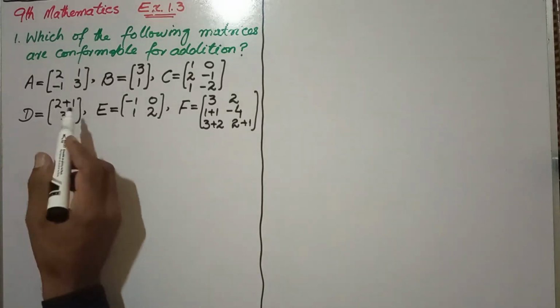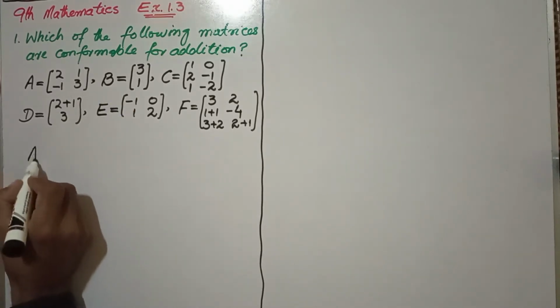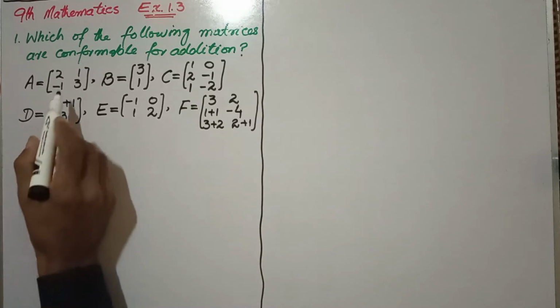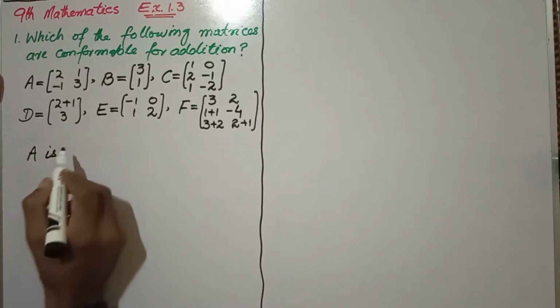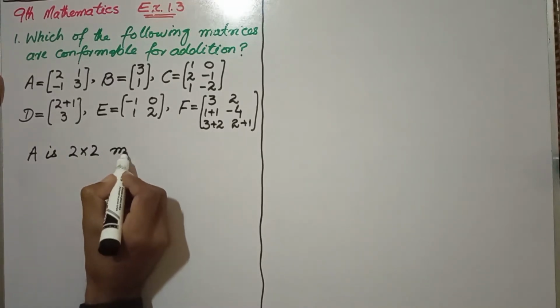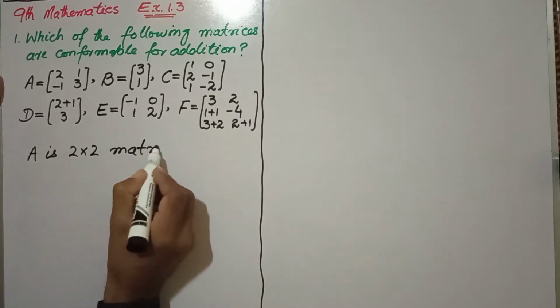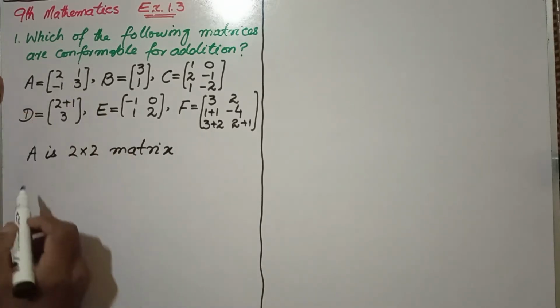Here, for example, if we consider the matrices A and B, we see that A is of order 2 cross 2, 2 rows and 2 columns. So A is a 2 by 2 matrix because we have 2 rows and 2 columns.